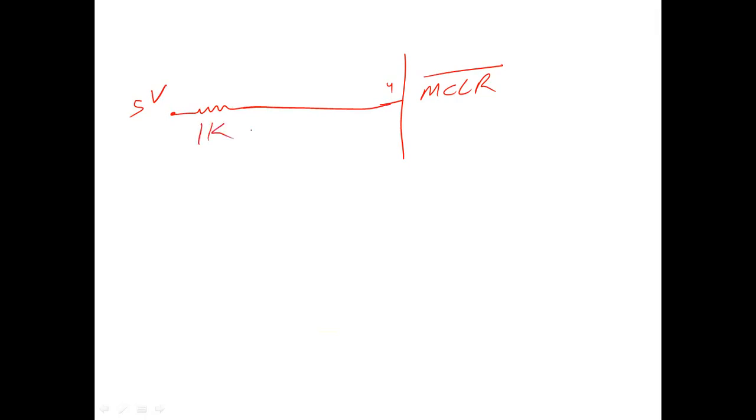Typically it will be 1K resistance. So we can add a switch here. So it can be called a reset switch. When we want to reset, we can just press this switch and pin 4 would become active because it will become grounded, right?